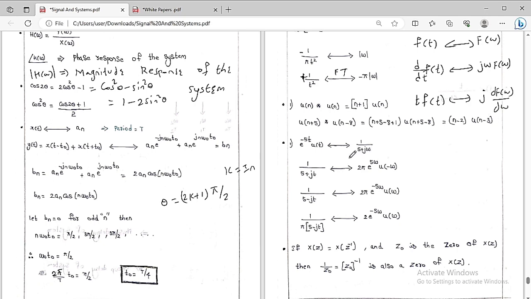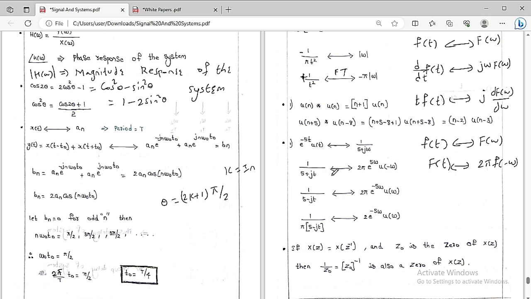So now we are going to apply the duality principle. Duality principle means, as I already told you, if f of t has the Fourier transform capital F of omega, then capital F of t has the Fourier transform 2 pi into small f of minus omega. Right? So now here, in place of omega, I have replaced omega by t.